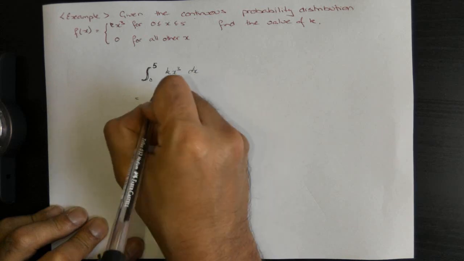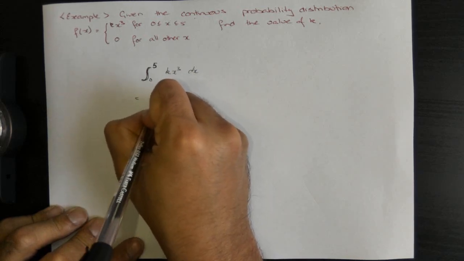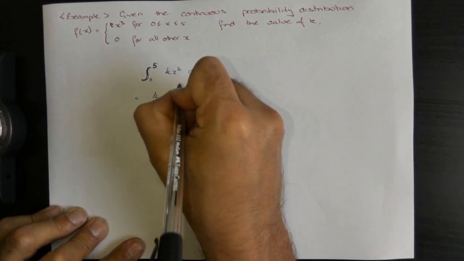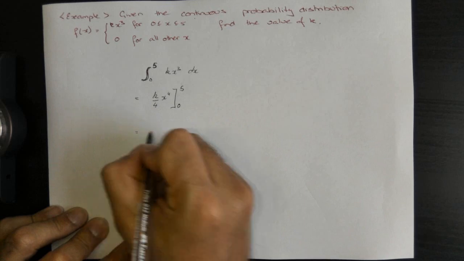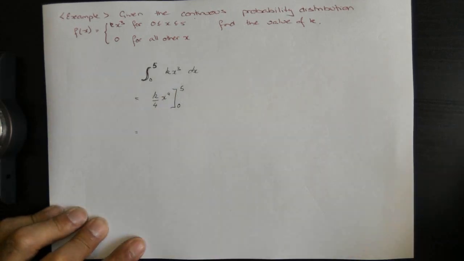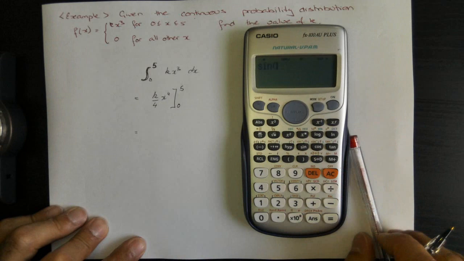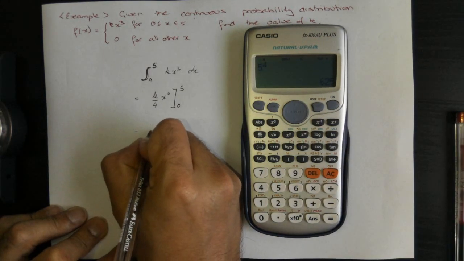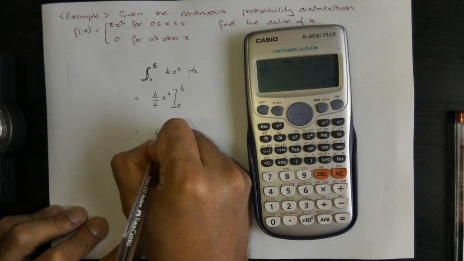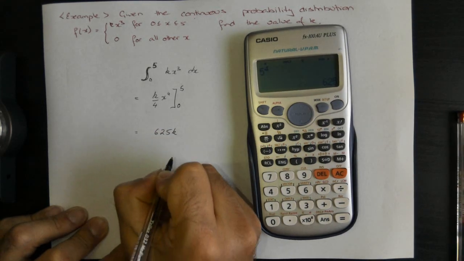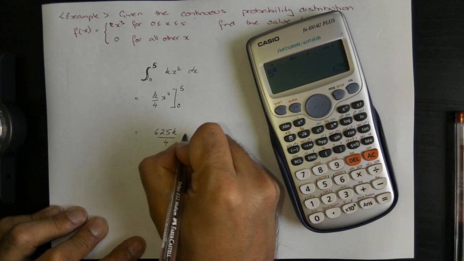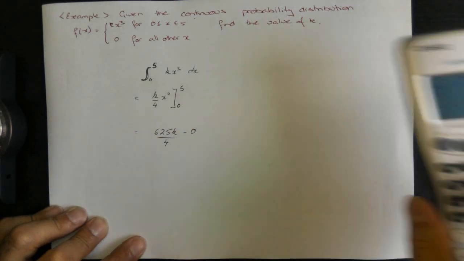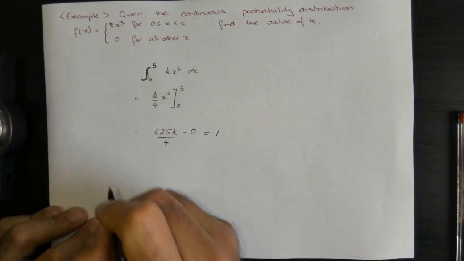If I integrate that, it's going to be k over 4 x to the power 4, from 0 to 5, and we want this to equal 1. If I plug in 5 to the power 4, what we get is 625k over 4 minus 0, because 0 to the power 4 is 0.